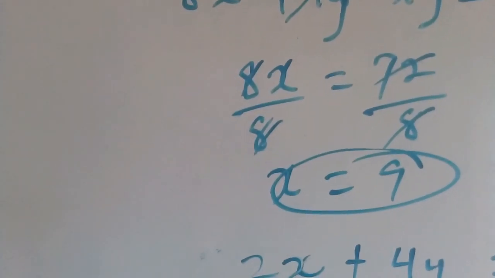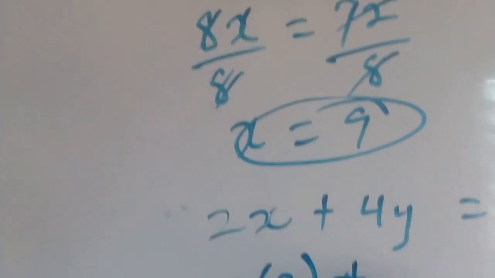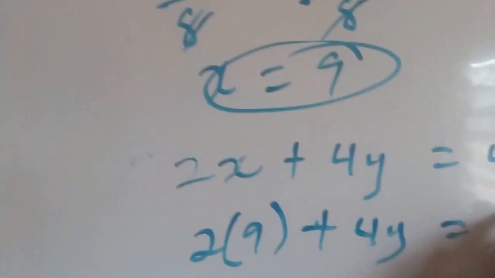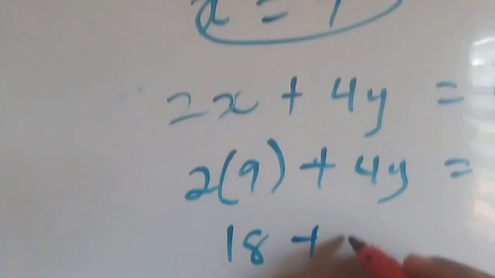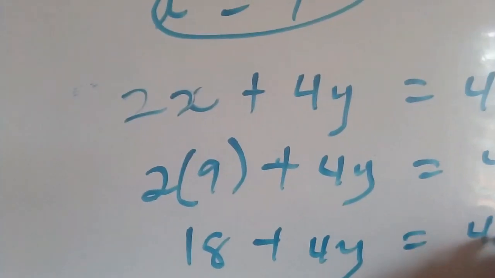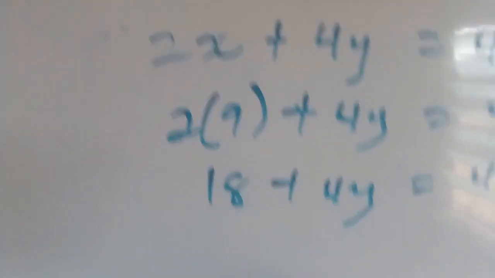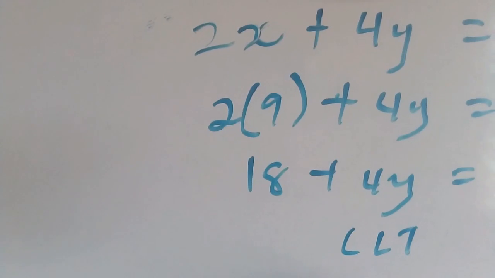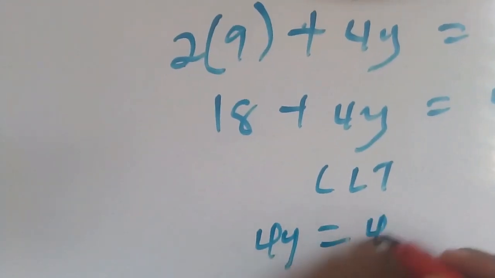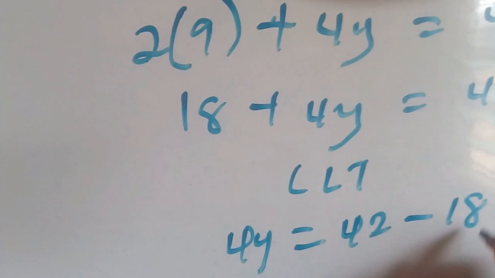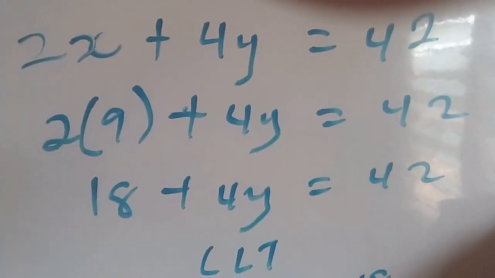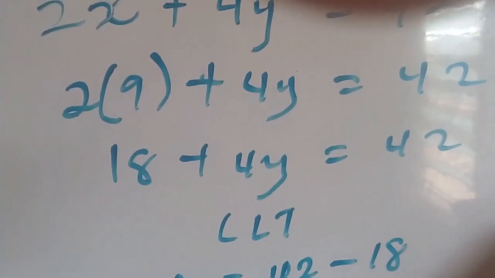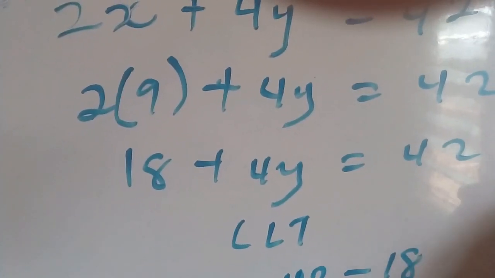So I will have 2 into bracket 9 plus 4y equals 42. 2 times 9 is 18, plus 4y equals 42. What I will do now is collect like terms, CLT. That will be 4y equals 42 minus 18. So 42 minus 18, that will give you what?